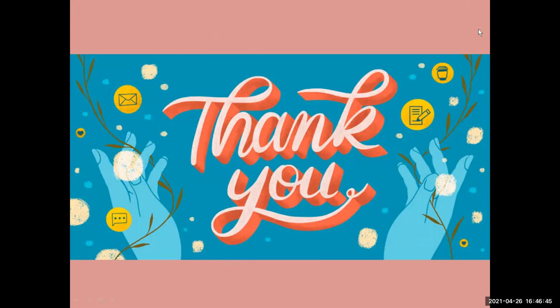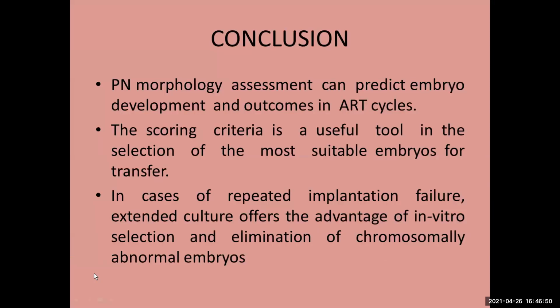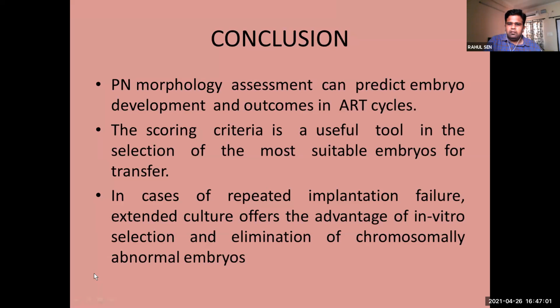One question: in your last slide, this extended culture, does it mean till blastocyst? Till blastocyst, yes. Because ultimately, during the phase of blastocyst development, many of the embryos do not turn into blastocysts. So if we look at embryos only on day 3 or only on day 2, it is not a good way to expect that all these good looking day 3 embryos may turn into good looking blastocysts.